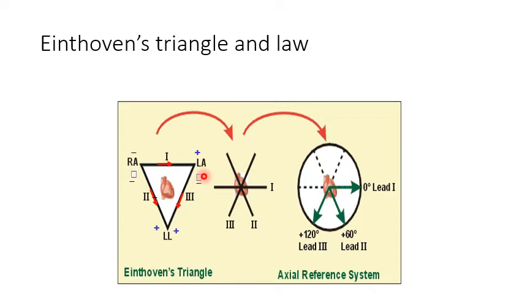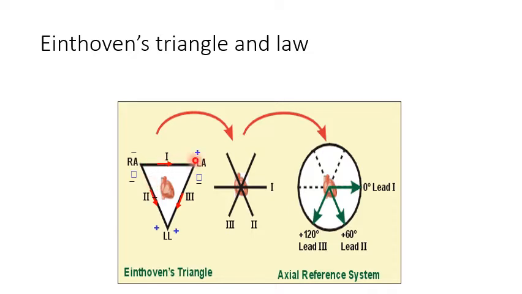If we wanted to put these lead axes in a circle, we will put each lead in the center of the heart and keep the exact angle that is found in the Einthoven's triangle.